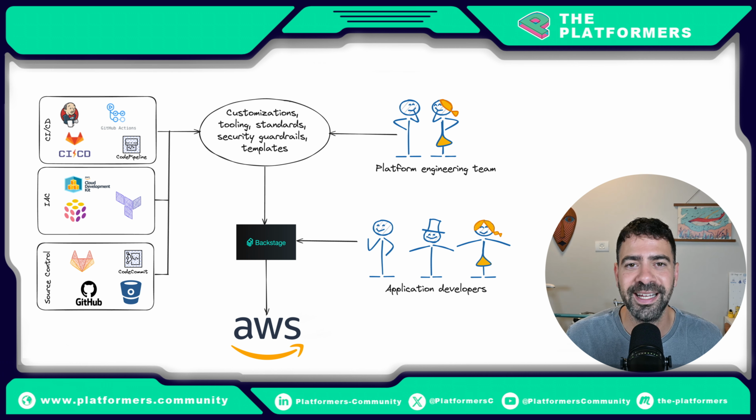How would they do that? There is a lot of tooling that can be integrated into OPA and the platform to make that work. We can see a few examples here. For example, for CI/CD, we can use GitLab, GitHub Actions, Jenkins, or other automation and CI/CD tools that will allow us to run our templates and automations. We have infrastructure as code tools that will allow us to manage our cloud resources.